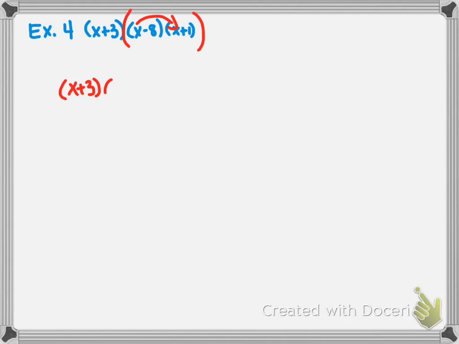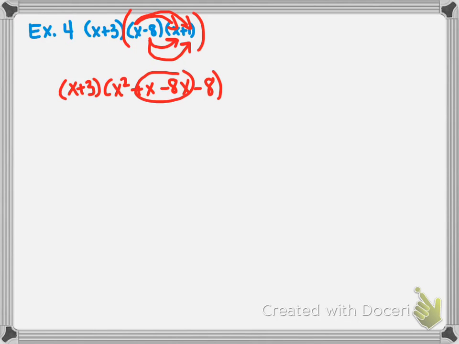So remember, x squared, x times x is x squared, x times 1 is 1x, negative 8 times x is negative 8x, negative 8 times 1, negative 8. And I can combine the two linear terms, positive x minus 8x, and get x plus 3 times x squared minus 7x minus 8.